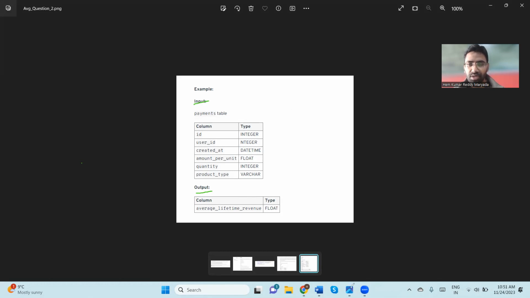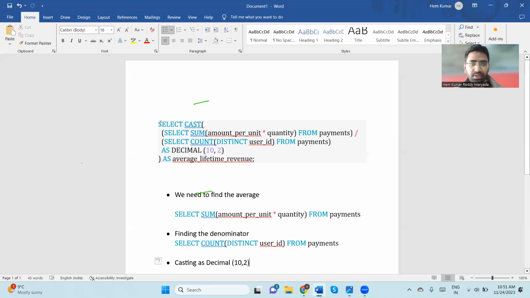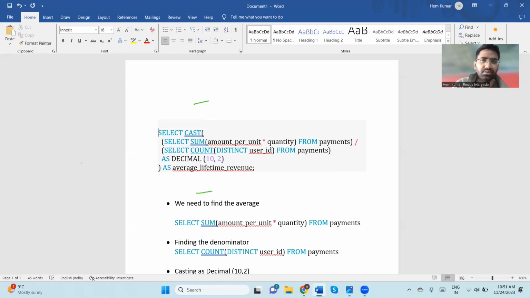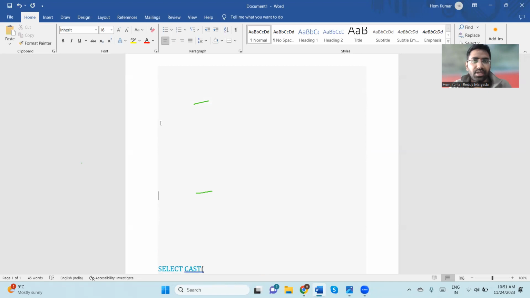Let me take the Word document and start writing the query. Actually, I've written the query earlier, but I'll write it again.